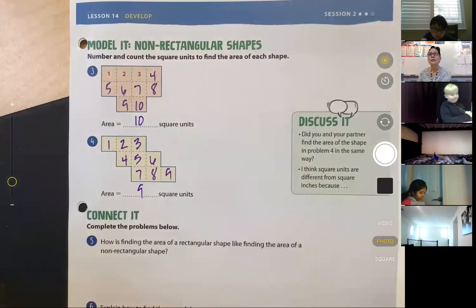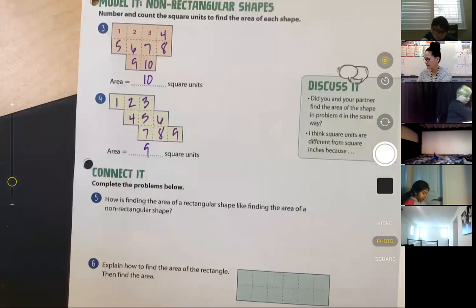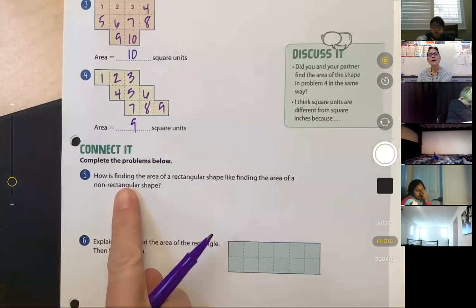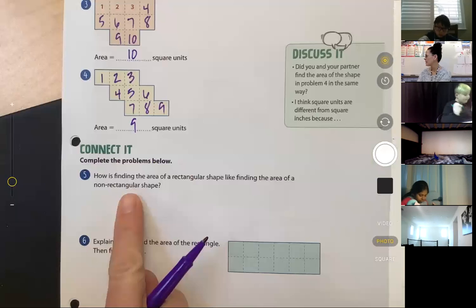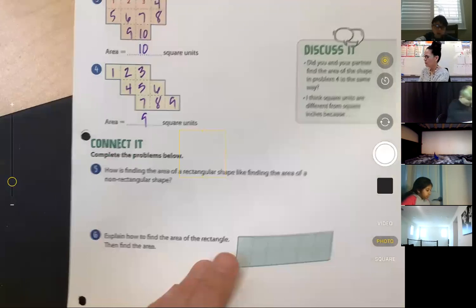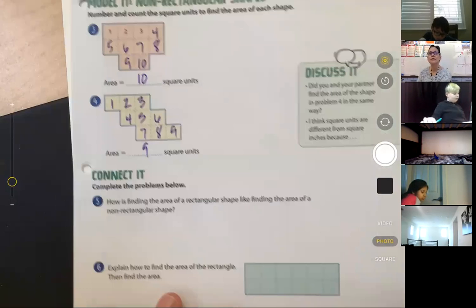When we take a look at number 5 down at the bottom here, it's saying, how is finding the area of a rectangular shape like finding the area of a non-rectangular shape? How is it the same? Well, friends, because we count.